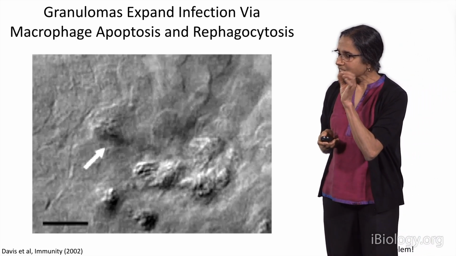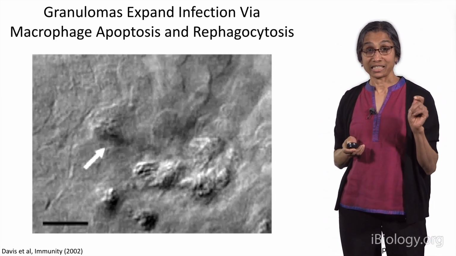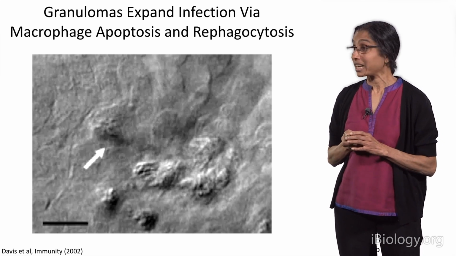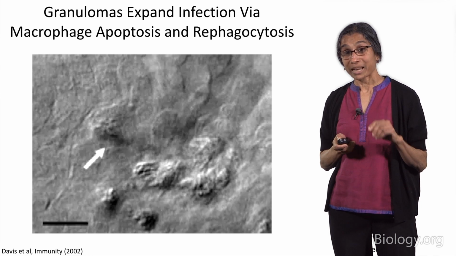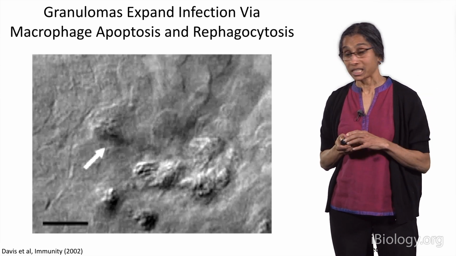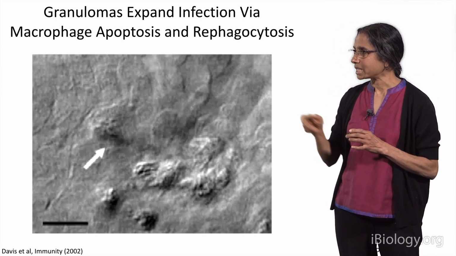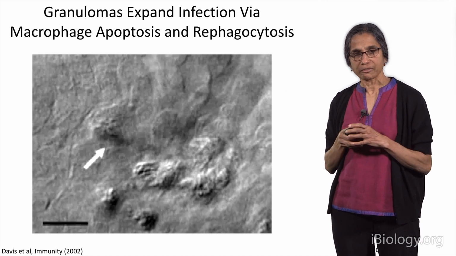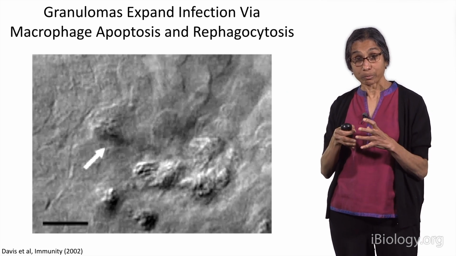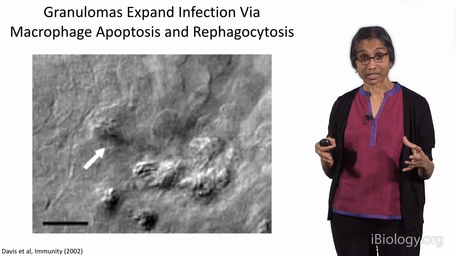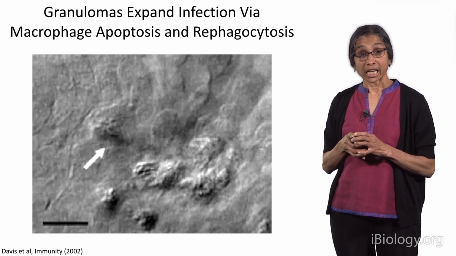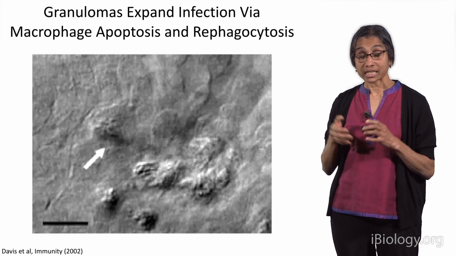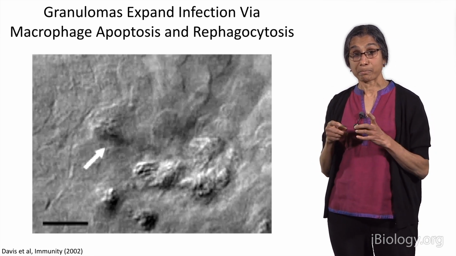And this is the kind of movie that gave us that insight that I just talked to you about, that macrophages are exploited by the bacteria to spread from cell to cell. So what happens is that when a given infected macrophage packs up with bacteria, because the bacteria can grow within it, it undergoes an apoptotic death where it's dead, but it's preserved its membranes.